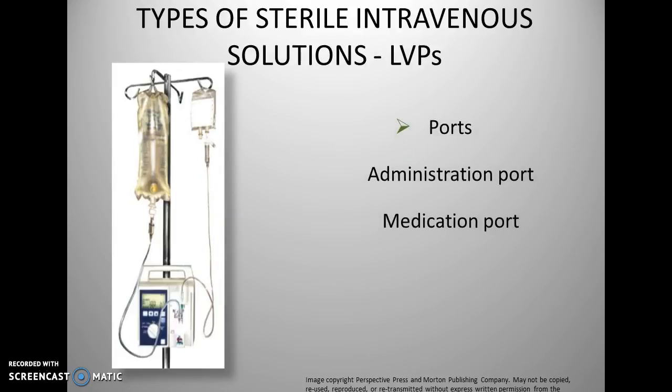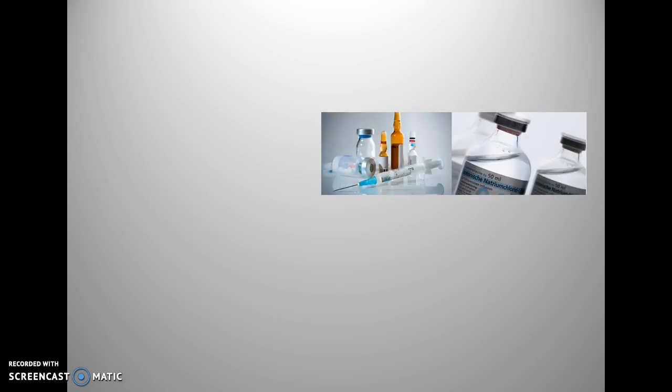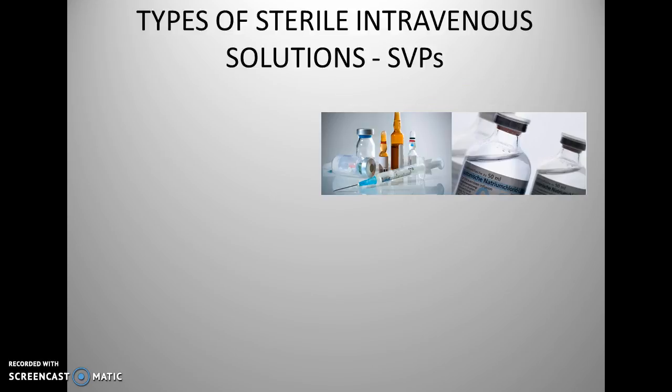Okay, so here we have the different parts of it. This part here that we look in here is called the administration set port. Here is called the medication port, and this is part of an administration set. Okay, so again, we're talking about, in this particular case, small volume parenterals. And you see that you can have many different types.